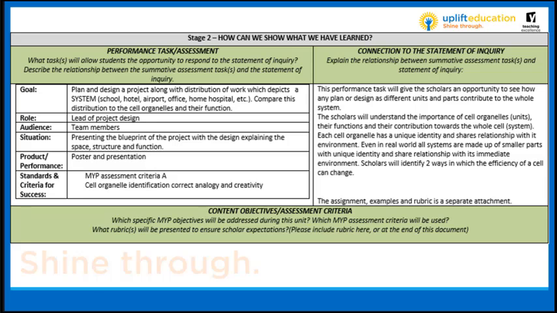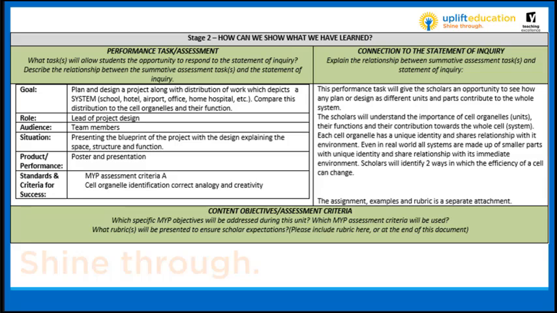Their role is to be the lead of the project design. The audience will be the team members, and the situation would be they are going to present the blueprint of their project and design explaining the space, structure, or function that they have chosen, and the product could either be a poster or a presentation based on their choice and their strength.